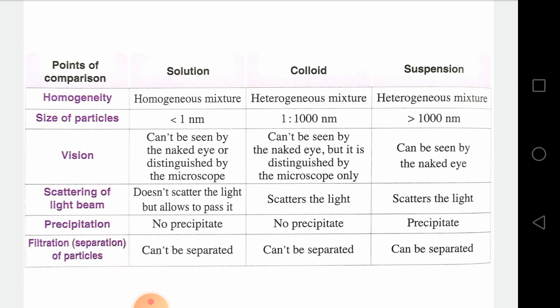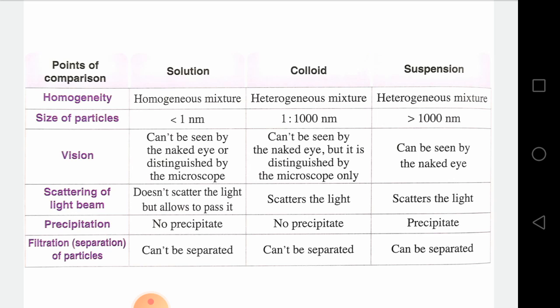The precipitation, the fourth point of comparison. In a solution, its components do not precipitate. No precipitate will form, okay? For example, salt solution, sugar solution. If we leave it for an hour or more, we will not see any precipitate in the glass.